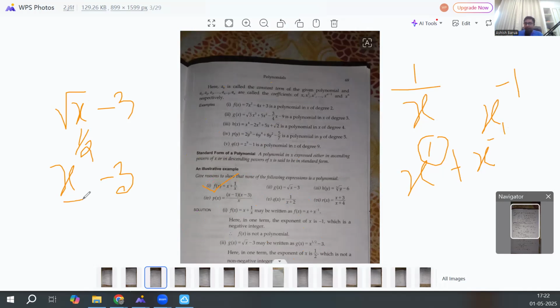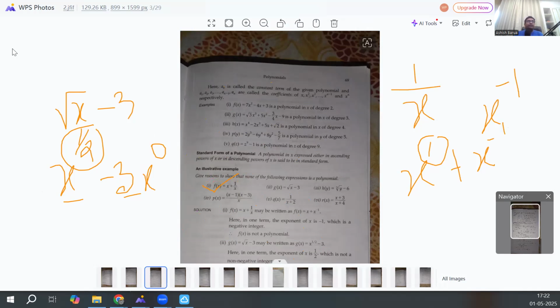One is x to the power 1 by 2, another one is a constant term. But here the powers are arranged in order: x to the power 1 by 2 and x to the power 0. So it's a polynomial written in standard form.